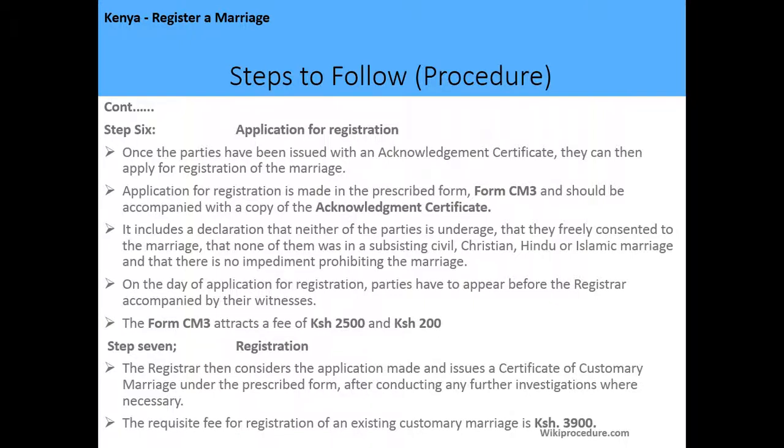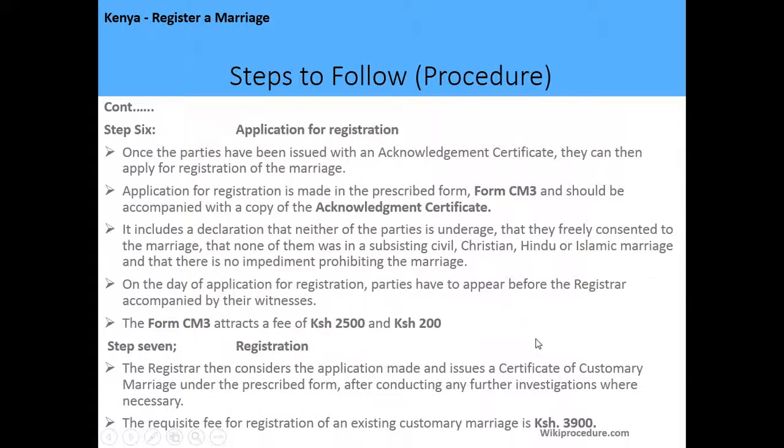Once the parties have been issued with this acknowledgement certificate, they can apply for registration of the marriage. The application for registration is made on a prescribed form, CM3, which is also provided at the registrar's office, and it includes the declaration that neither of the parties is underage, that they freely consented to getting married, that none of them was in a civil, Hindu, Christian, or Islamic marriage, and that there is no impediment prohibiting the marriage.